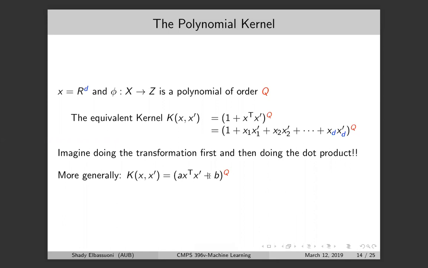So how do I set a, b, and Q? Question for you guys. If somebody asked me, how do I know the formula for the nonlinear transformation, I told him you don't need to know it. You can try with different values and then see. So I have a training set, and I want to use support vector machines.